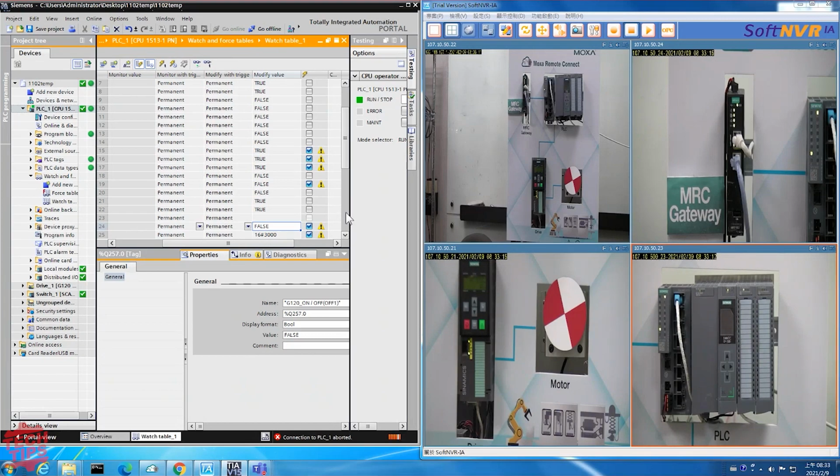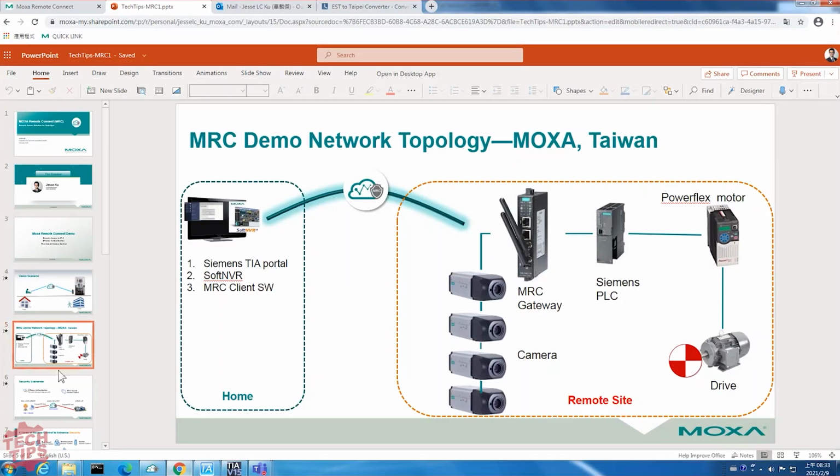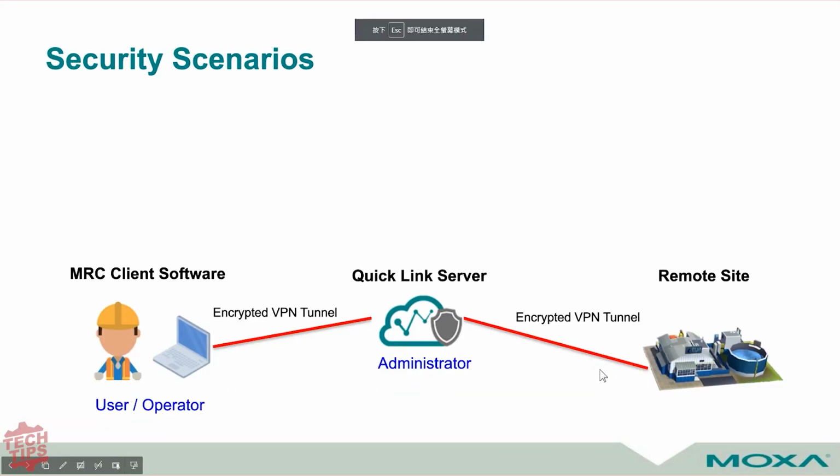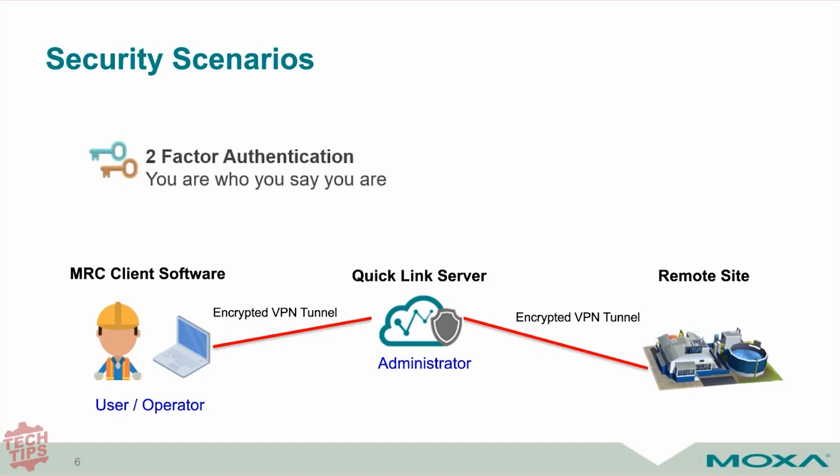Cool. You're welcome. So recently, we have heard some noises in the market saying that security is one of their main concerns. So I would like to introduce what we have been working on. We know right now a lot of ransomware and a lot of man-in-the-middle attacks are happening. So we provide a couple of ways to prevent that from happening, to try to mitigate the risk before it even happens.